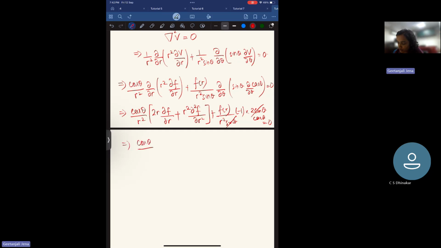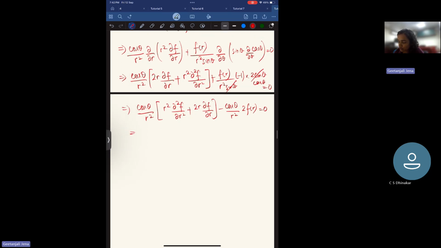We have cos theta by r square times r square dou square f by dou r square plus 2r dou f by dou r, minus cos theta by r square times 2f of r, which should be 0. So this will give r square dou square f by dou r square plus 2r dou f by dou r minus 2f of r equal to 0.